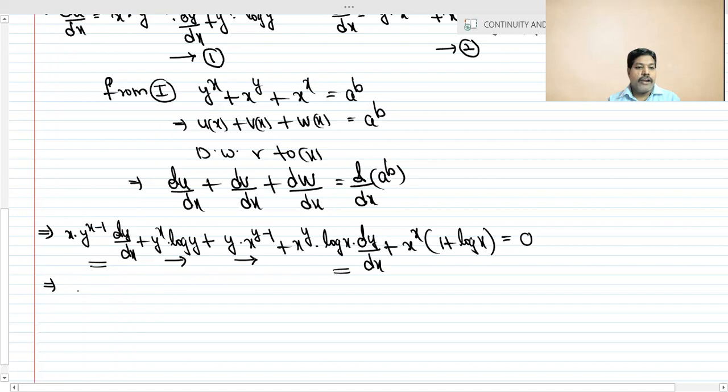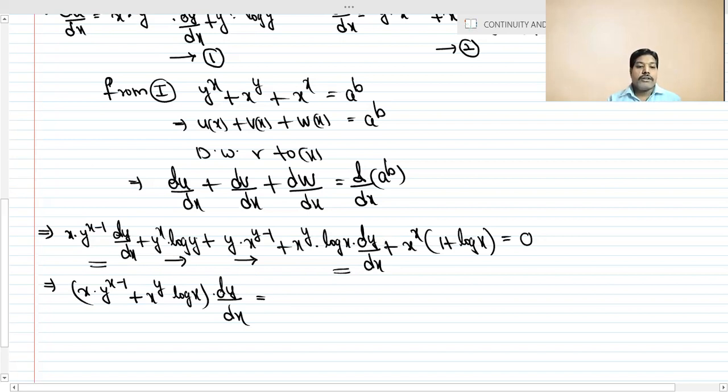So from these two I will take the dy by dx common. It will become x into y power x minus 1 plus x power y into log x, into dy by dx is equal to.